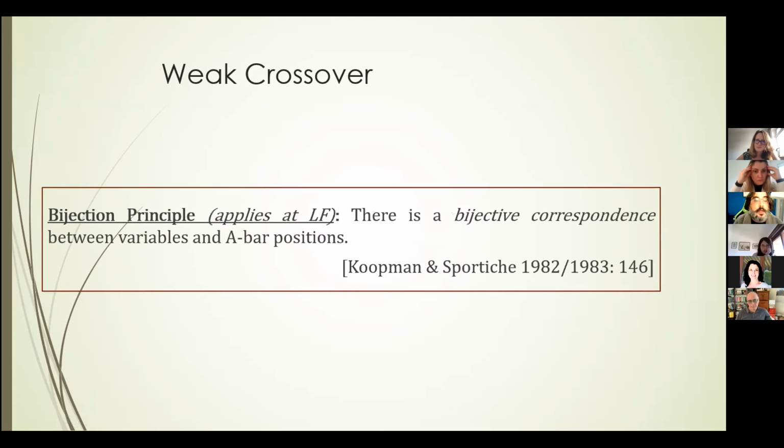Okay. A very standard account of weak crossover in the 80s was the so-called bijection principle by Koopman and Sportiche, during the years in which LF is starting to have a lot of prominence in the model, right? And one observation by Koopman and Sportiche was that, well, maybe what we call variables in syntax or LF have some particular properties when compared to variables in logic, for instance, right?